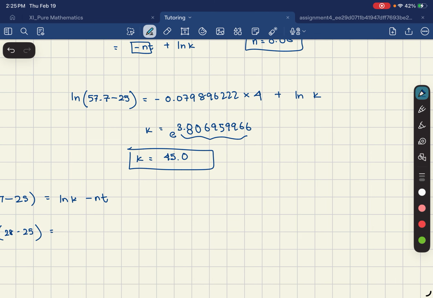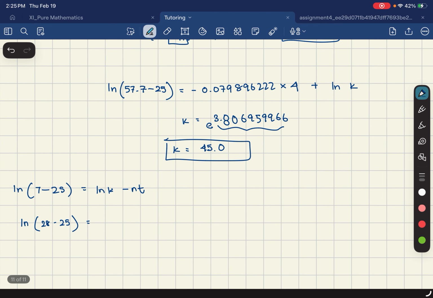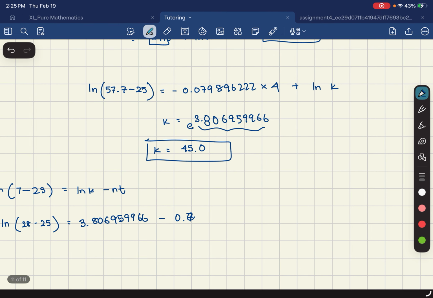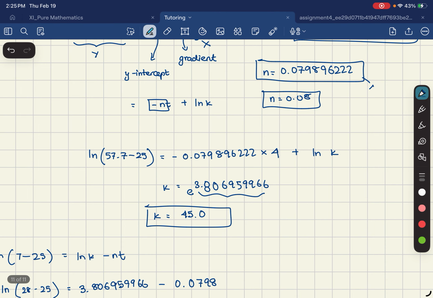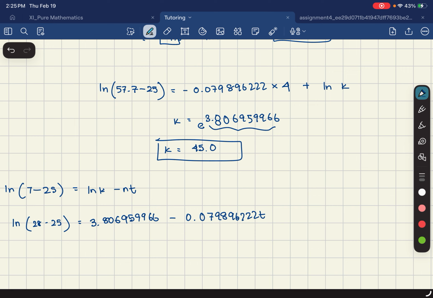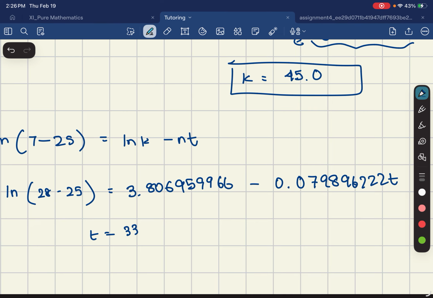ln K is this value, right? If you think about it, ln K is just 3.8069599966 minus, I know n, which is this value, 0.07989622 T. And now finally, when I calculate 28 minus 25 and I subtract 3.8069599966 and I divide by negative 0.07989622, then I get my T to be 33.89.